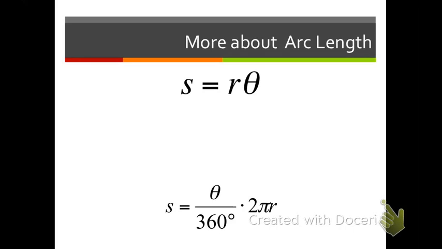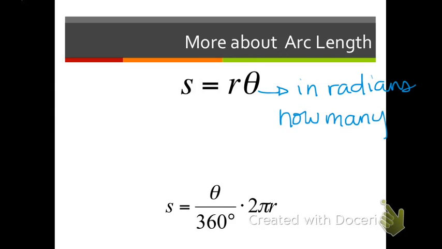Okay, so this theta here is telling us how far the distance around the circle in radians we're looking at for our arc. So in other words, that's saying how many radii have we gone around the circle?